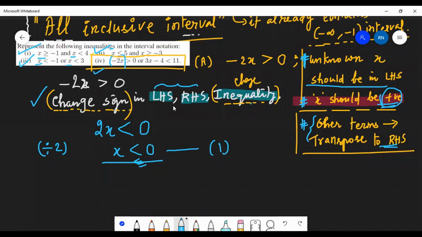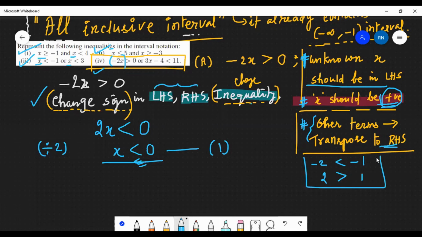If it is earlier less than, you will have to change it to greater than. For example, -2 is less than -1, the less than symbol. Now, if I change sign, what should I write? Change sign, but less than should become bigger than.